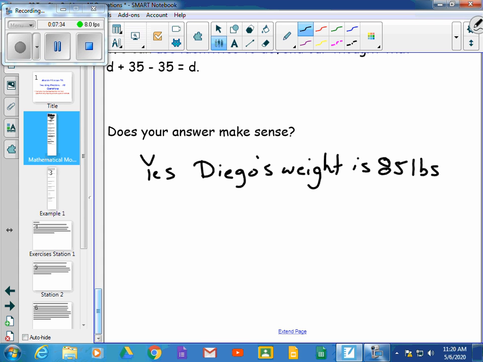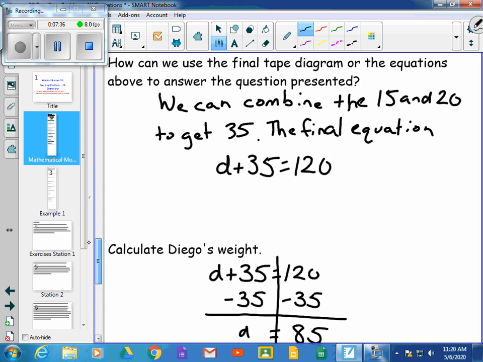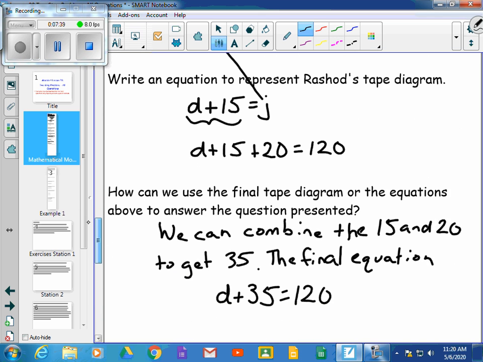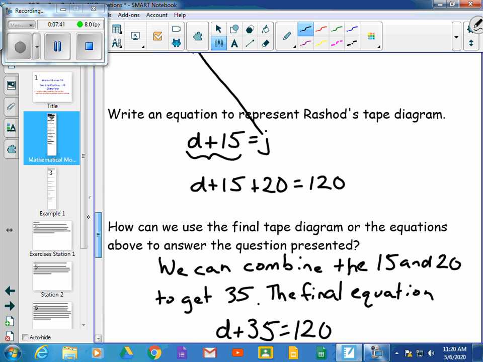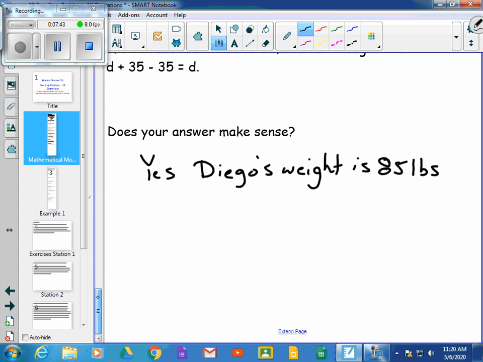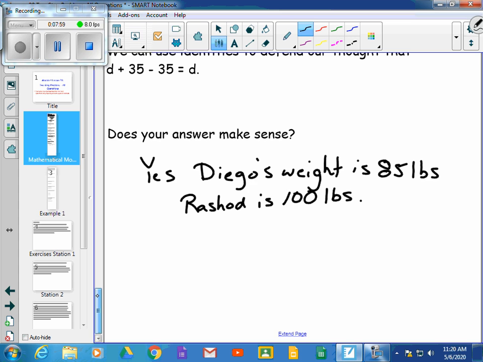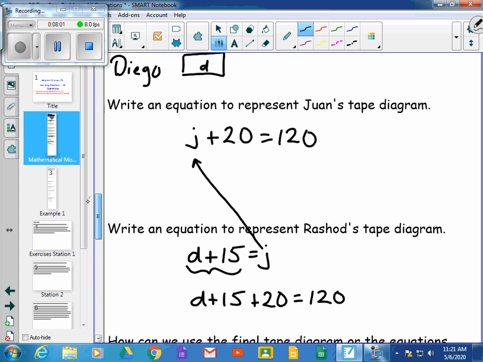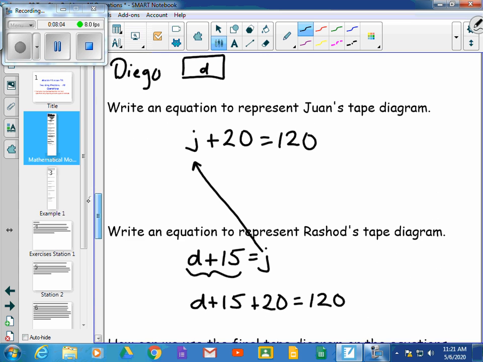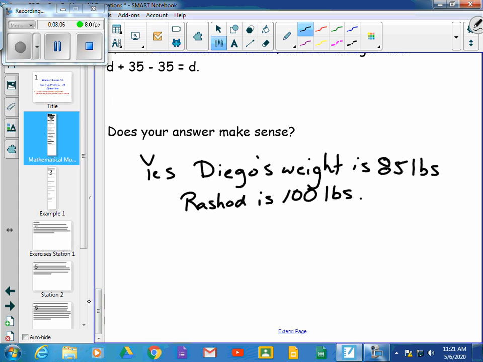Now we can also look at the other weights. If we go back to the original equation, if D is 85, we can substitute that in and add 15 to it to get 100. So Rashad is 100 pounds. Then we could plug that 100 for Rashad back into the equation, and we would get 100 plus 20 to get 120 pounds.